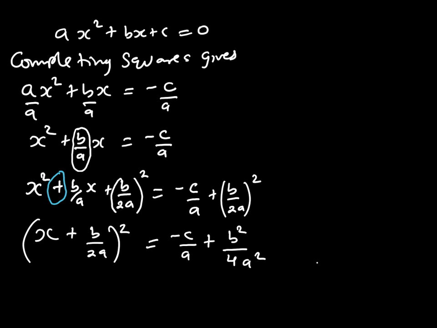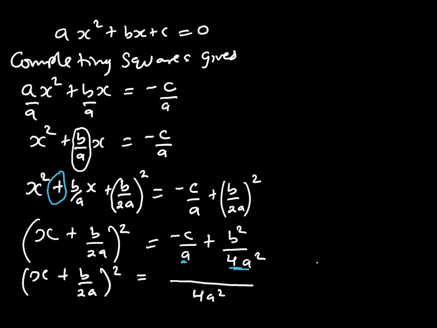So what's the next step? Okay, let's go ahead and combine the two fractions on the right-hand side and this is what we get. You have (x plus b over 2a) squared is equal to, here the LCM, you can see that the LCM of these two is 4a squared. So what we do, we get our LCM, which is 4a squared.